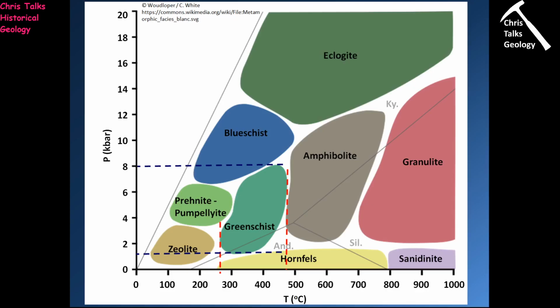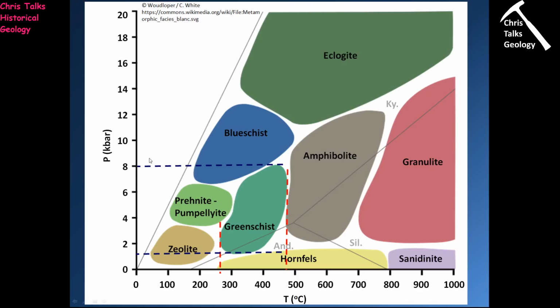It requires you to take lots and lots of data, and it also requires you to have the money to be able to use the equipment to do it. So most of the time you can't actually produce a temperature and pressure for your metamorphic rock. So all you can do is you can look at the index minerals and you can say, right, well, my metamorphic rock clearly falls somewhere in the green schist facies field because I can see the chlorite, the actinolite, and the epidote.